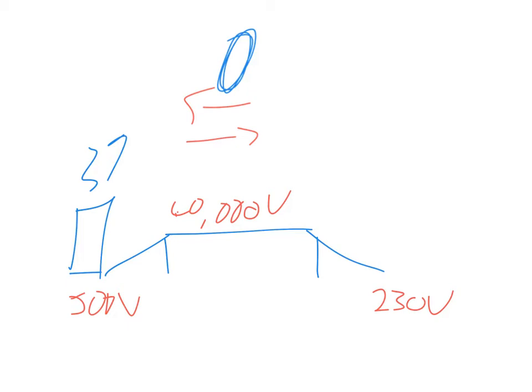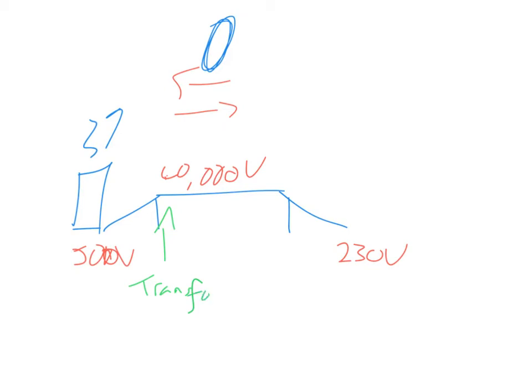So in order to get it from 500 volts up to 40,000 volts, we need to use a step-up transformer, which increases the voltage, and then to go from 40,000 volts down to 230 volts, we again need to use a transformer, this time a step-down transformer. A step-down transformer just takes a voltage and makes it lower. Transformers will only work with AC current, so the power supply to our home has to be AC current.